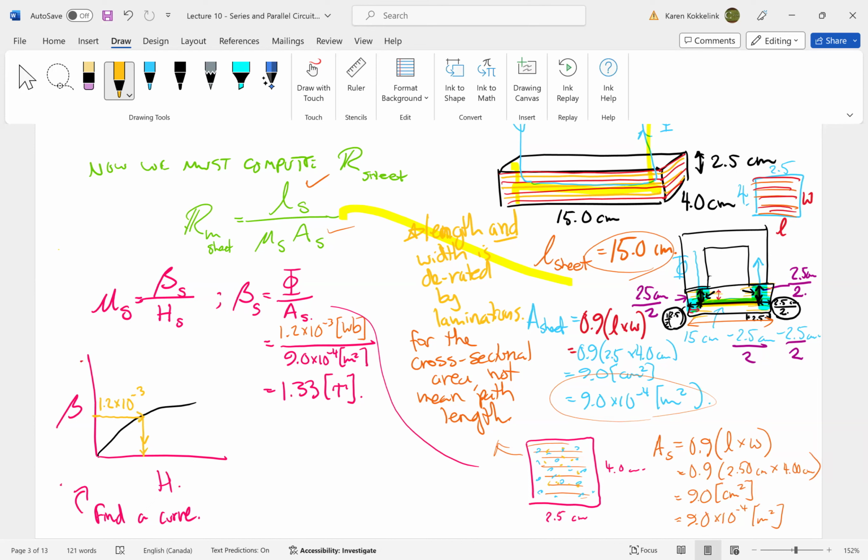You can see that H, the magnetic field strength, for that much flux density is around 900, depending on which curve you look at, but make sure it's a curve of sheet steel, 900 amp turns per meter.